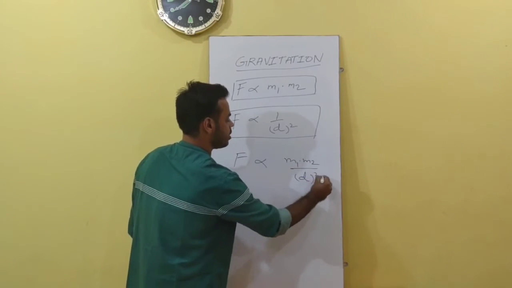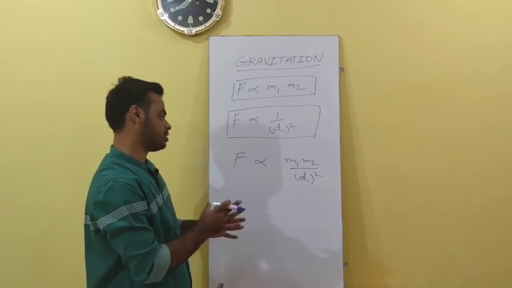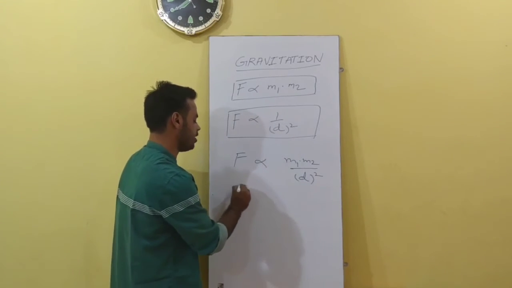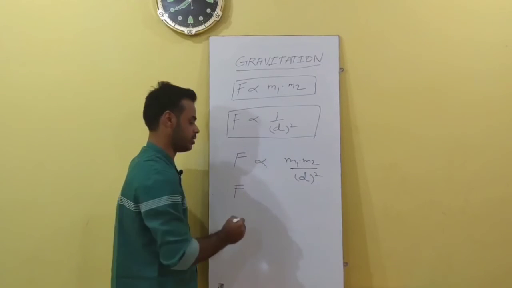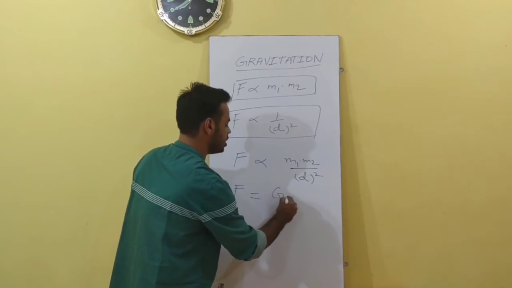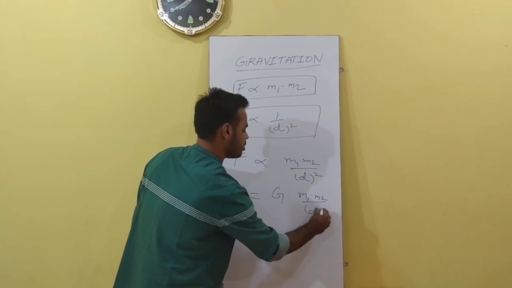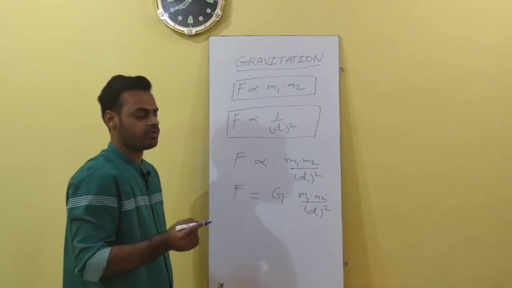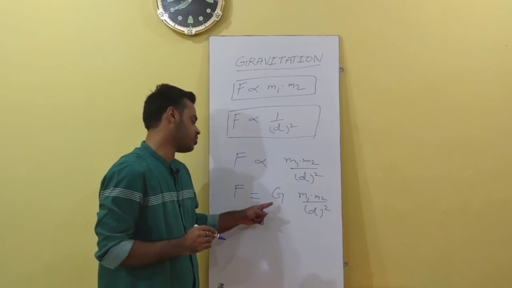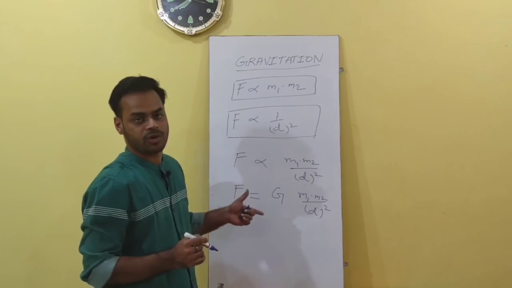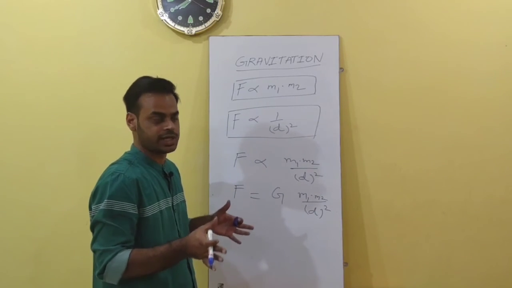Now to convert this relation of proportionality into an equation, we will introduce a proportionality constant, that is F is equal to G m1 into m2 by d square. Now you must be wondering what this G is. This G is a universal constant, a gravitational force constant, and it has the properties that it will never change, it is universal and it is a constant.